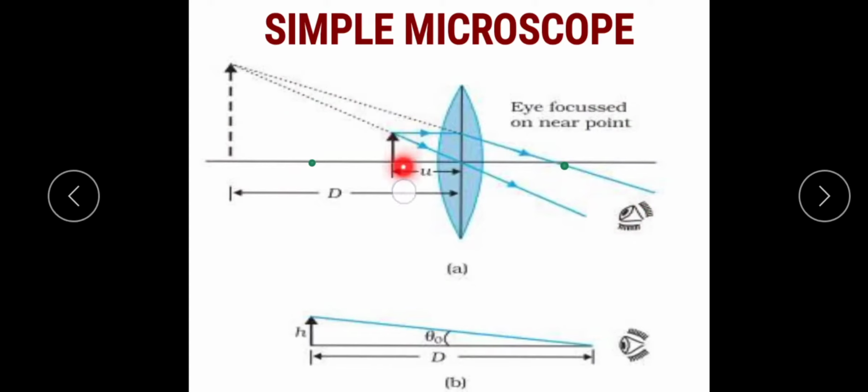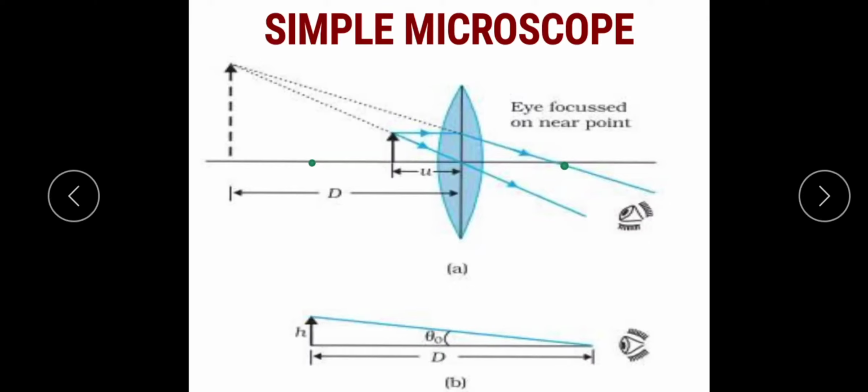So this is one object which is tiny, a small one. If you want to observe this object clearly, you need to enlarge the image, or get a magnified image.